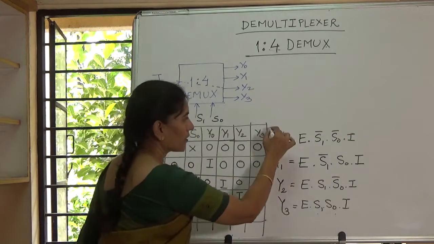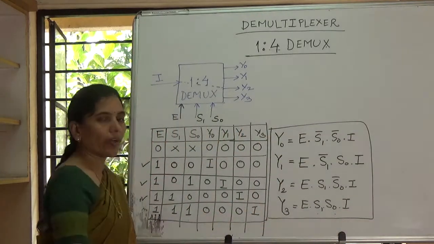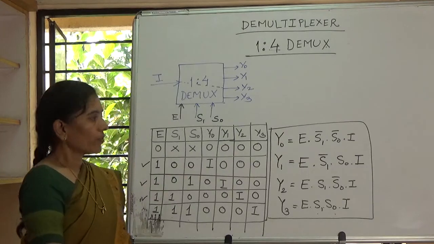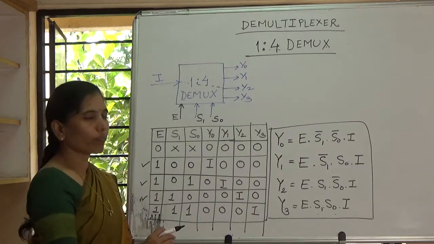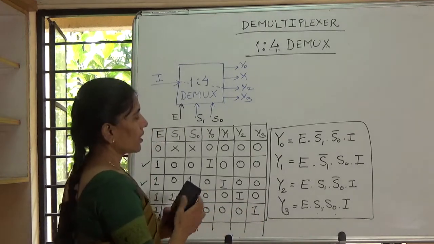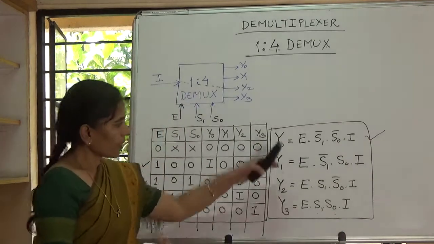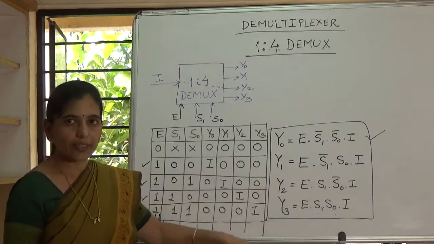And these are the four equations for Y0, Y1, Y2 and Y3, which can be implemented using 4 input AND gates.